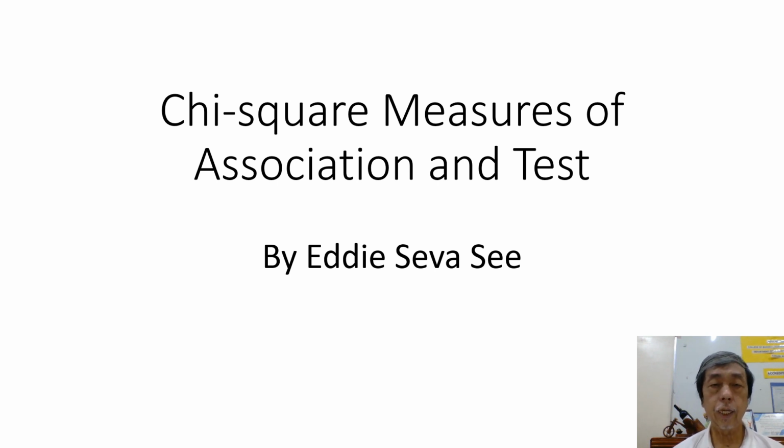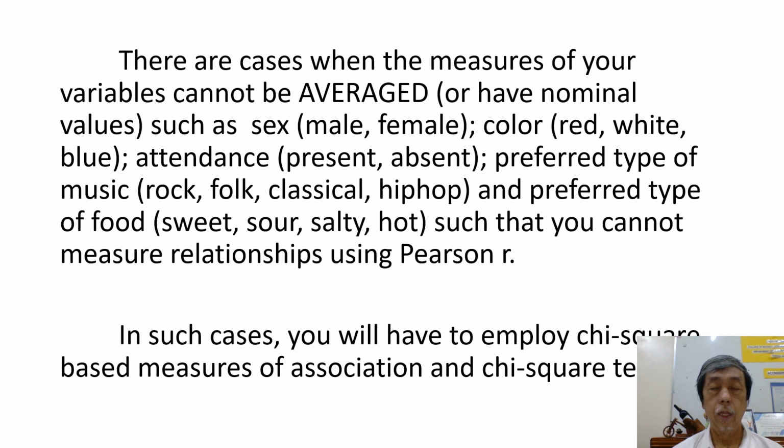I am going to discuss chi-square measures of association and test. There are cases when the measures of your variables cannot be averaged or have nominal values, such as sex, color, attendance, preferred type of music, and preferred type of food, such that you cannot measure relationships using Pearson r.